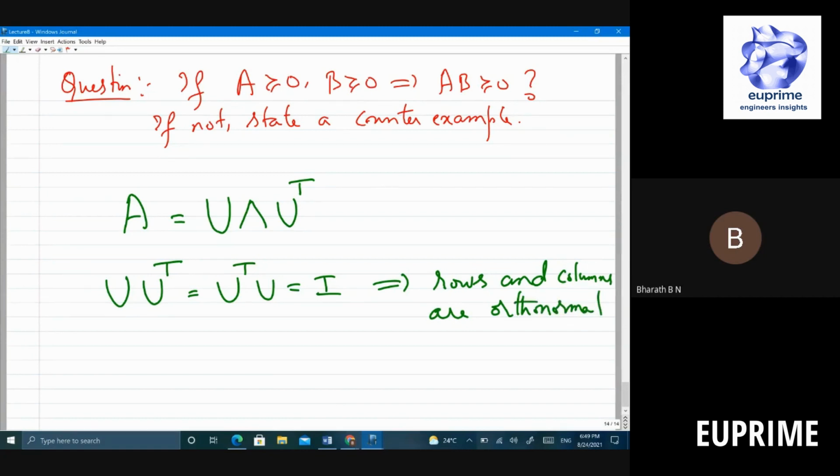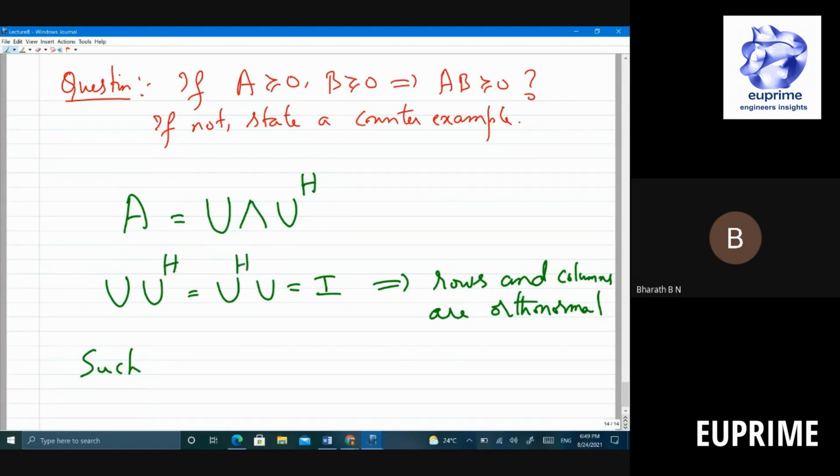Such matrices are called unitary matrices or orthonormal matrices. I'll probably write it as Hermitian, because it can be complex also.